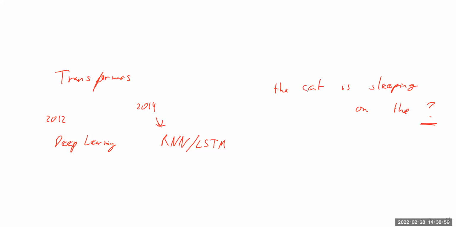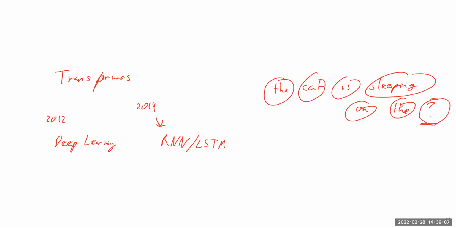So in the past, this type of sentence you would think of as being a sequence, basically, right? You would go from the to cat to is to sleeping, then to on the, and then you would predict this. And this was usually referred to as a sequential model.